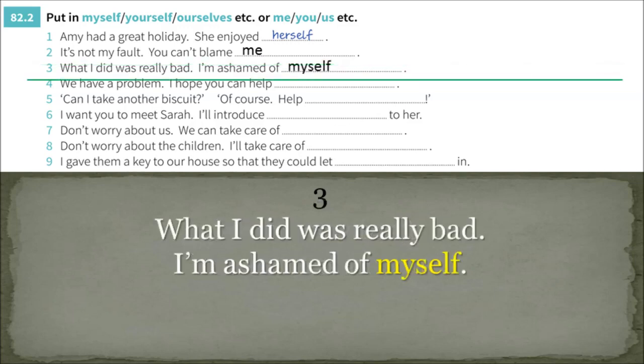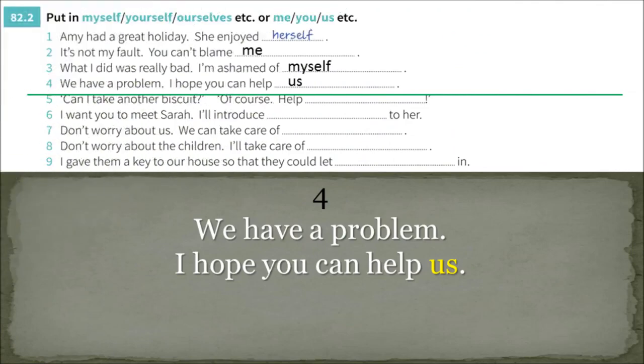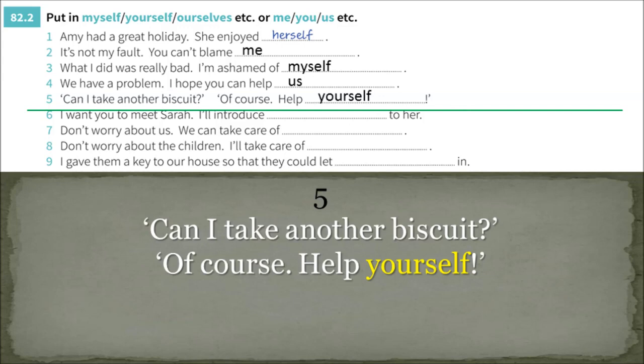What I did was really bad. I'm ashamed of myself. We have a problem. I hope you can help us. Can I take another biscuit? Of course. Help yourself.